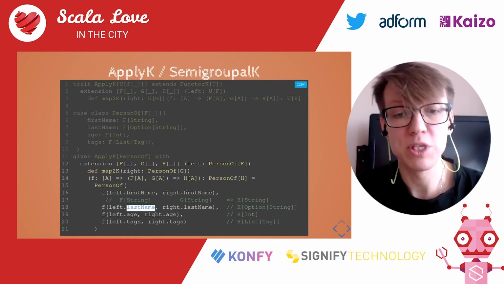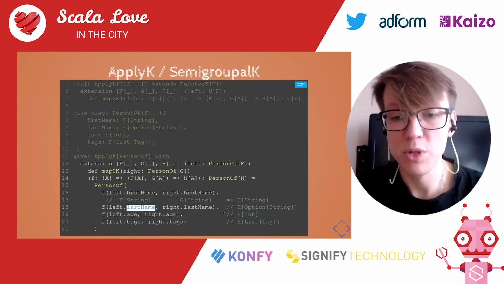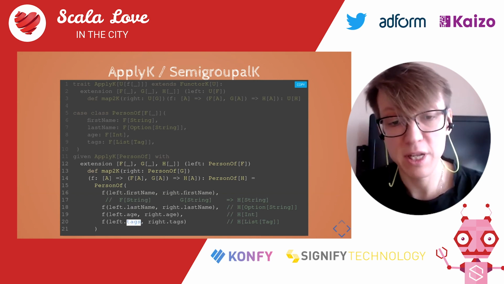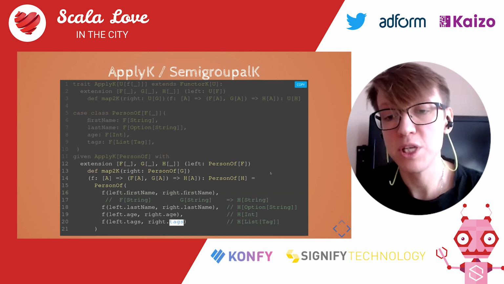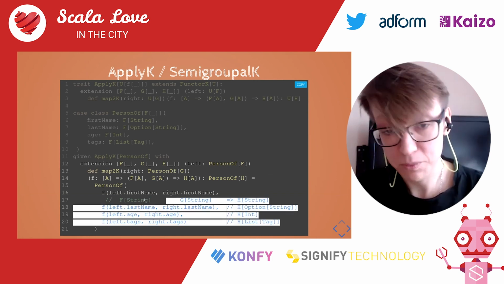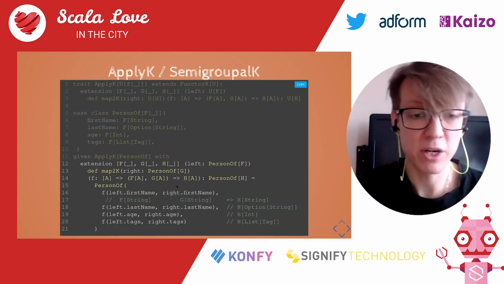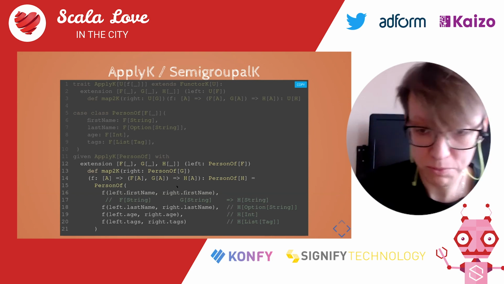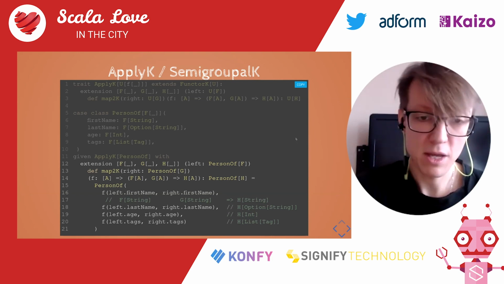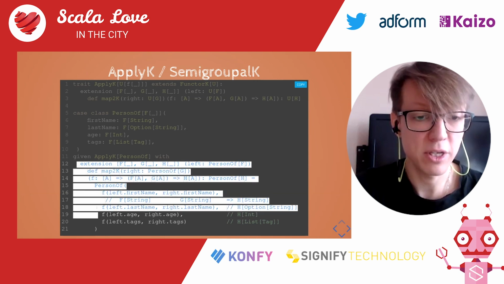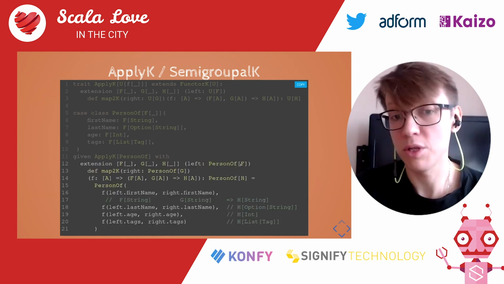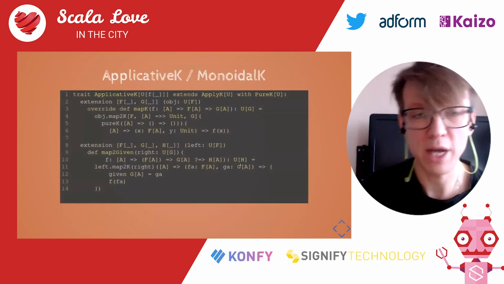Next, we do the same with last name. Next, we do the same with age fields, and next we do the same with lists of text. So this is very cool and extremely useful, and it is done with very simple code that again we don't need to write by hand.